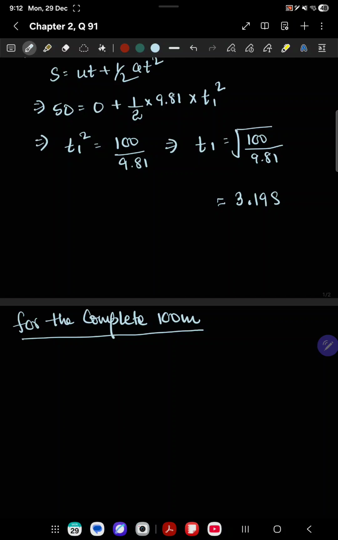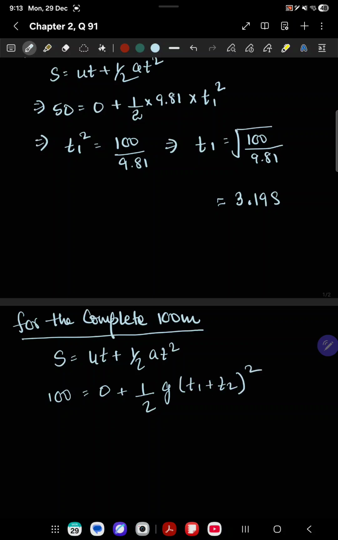So for the complete 100 meter, I am writing the equation again, s equal to ut plus half at square. S is 100 in this case, and initial velocity again is 0 plus half into g, and t square. Here the total time will be t1 plus t2.